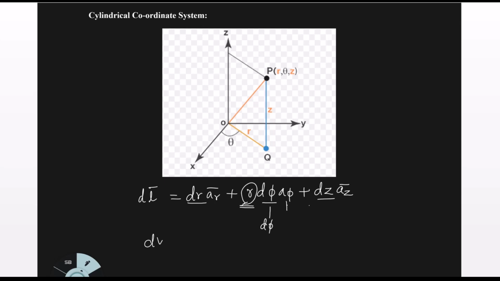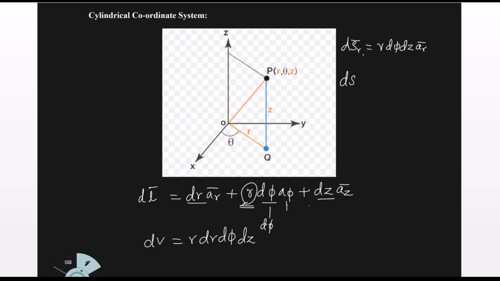Similarly, the differential volume for the cylindrical coordinate system is dv equal to r dr d phi dz. The differential surface area normal to the r direction is ds r vector equal to r d phi dz ar vector.